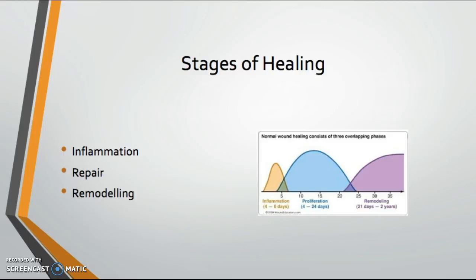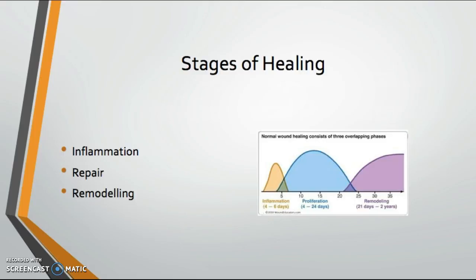Remodeling is from 6 months to 2 years, and this rebuilds the muscle to what it used to be before the injury. With repair, it's repairing the ability of the muscle, but remodeling is when it brings back what the area was like before the injury.